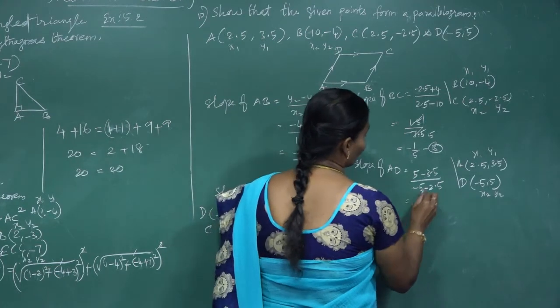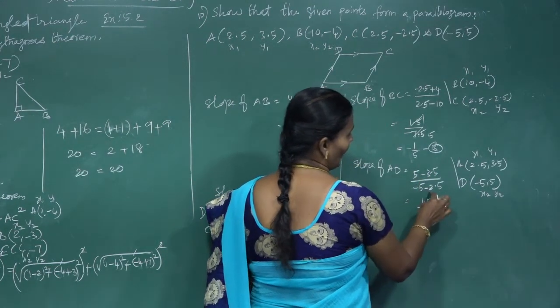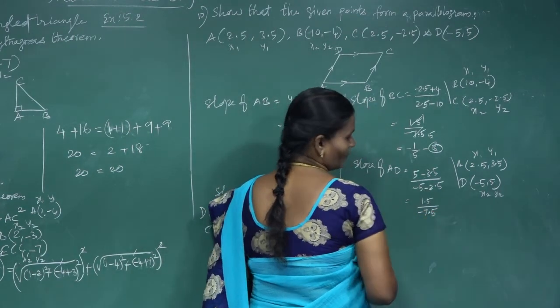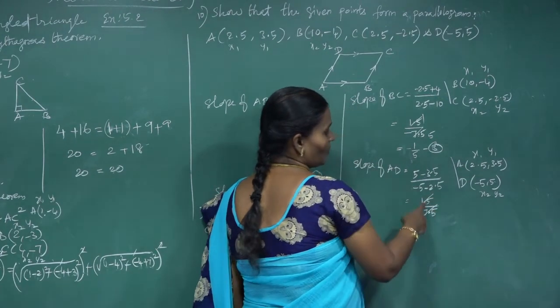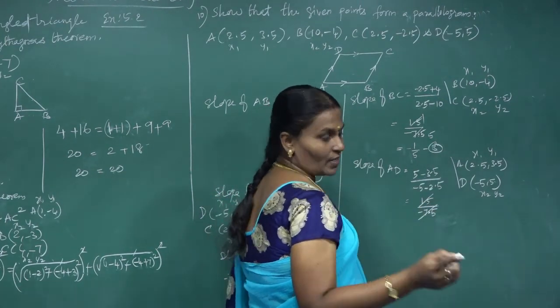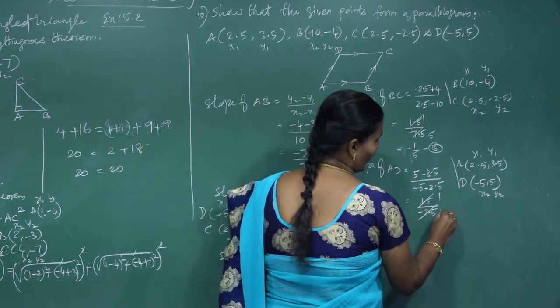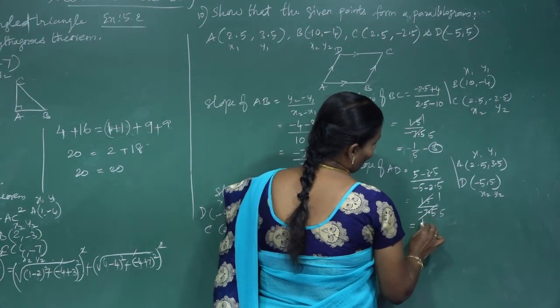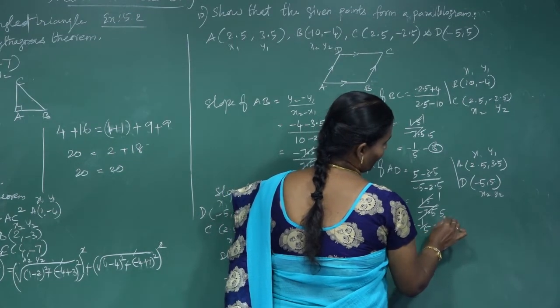Understand children? Yes. Here 5 minus 3.5 is 1.5. Here add these two because the same sign, so minus 7.5. Cancel with the 1.5: 1.5 fives are 7.5. So 1 time here, 5 times. So this slope is minus 1 by 5. Give it equation number 4.